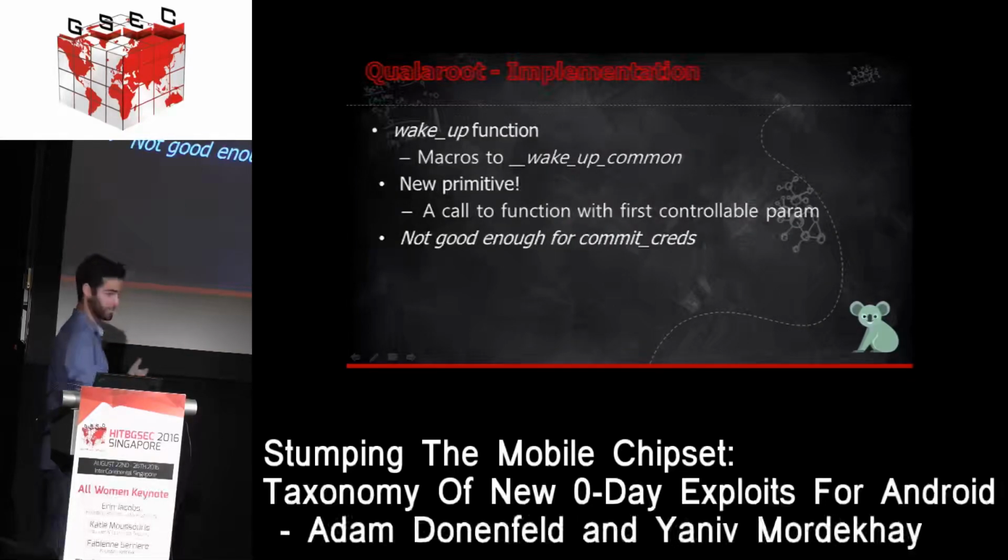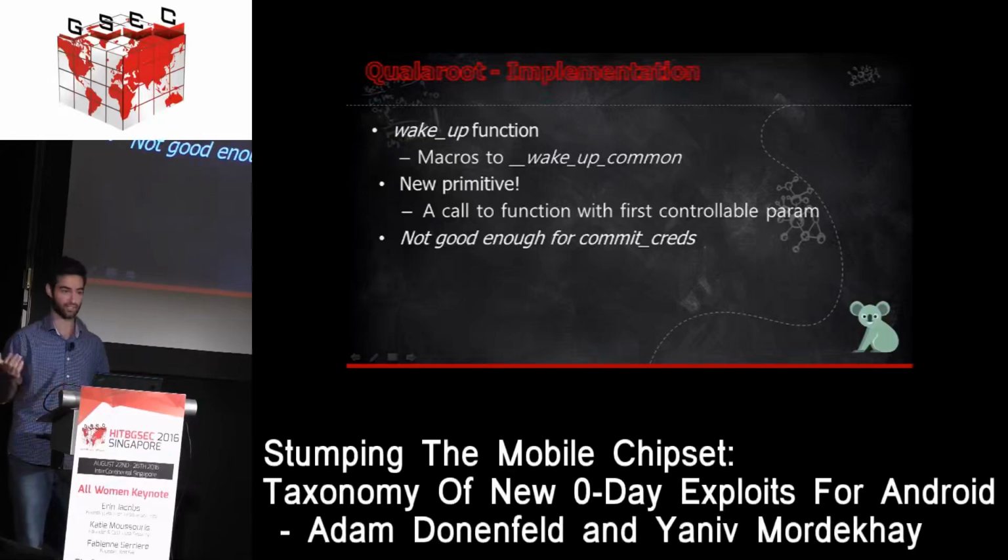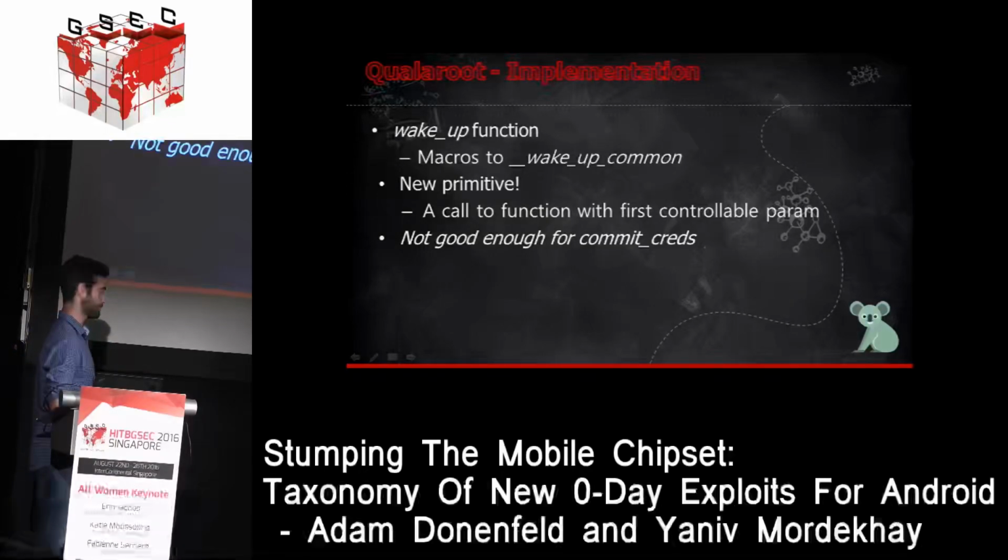For those of you who are not familiar with this function, it's a Linux kernel function that receives a pointer to a credential struct, and then it sets our credentials to be the ones we provided as a parameter. So we can just pass root credentials and we can get root.